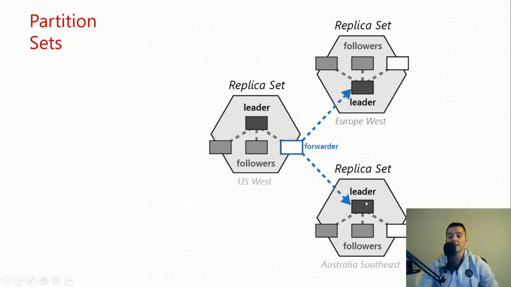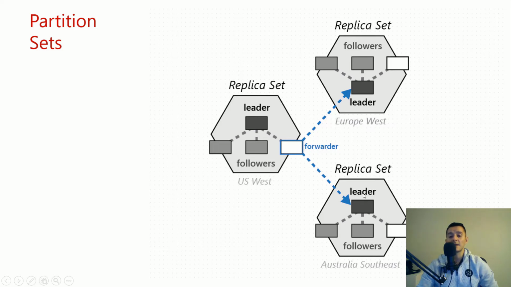Then from that leader, it will go to the followers and to the forwarder as well. The forwarder can tell that this is a change that did not originate on its leader, so it doesn't continue the circle indefinitely. It will stop here.